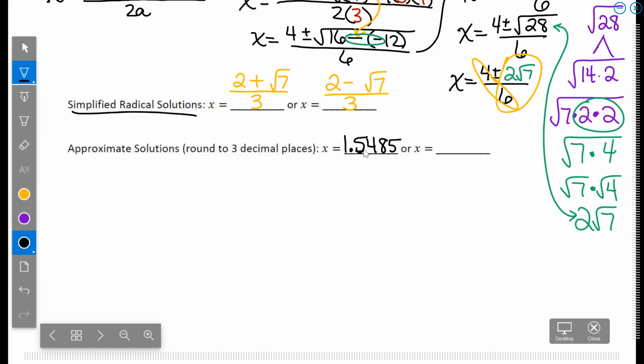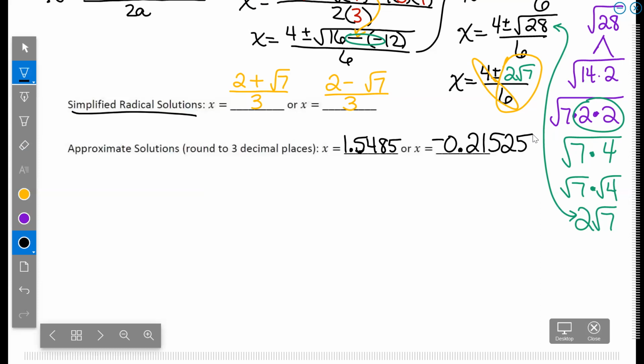Anybody have an answer for me for the minus one? Is it a positive or a negative number? Negative. What comes before the decimal? Negative 0.21 if I take it out a couple extra digits, just so you guys can make sure that it matches what's on your calculator screen.